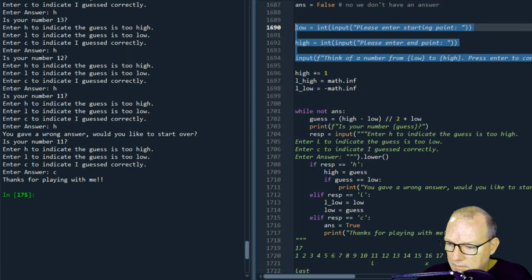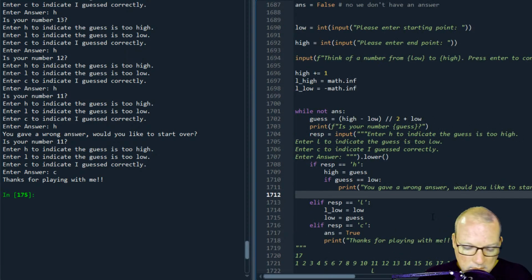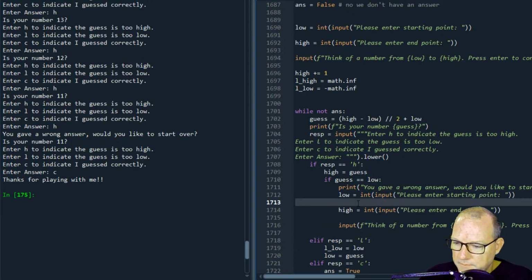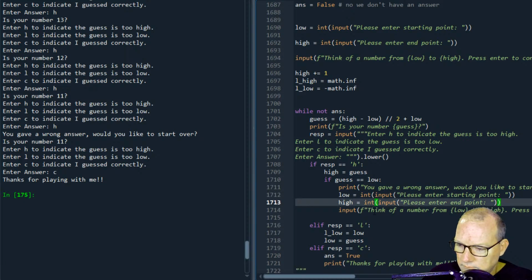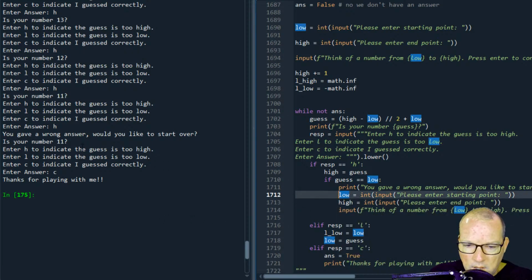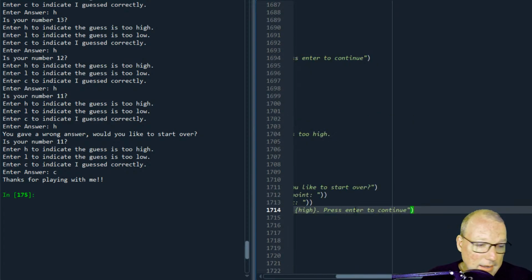And then end here, paste. And actually, this needs to be an input. Let's just assume that they do want to start, because we need to handle that too.